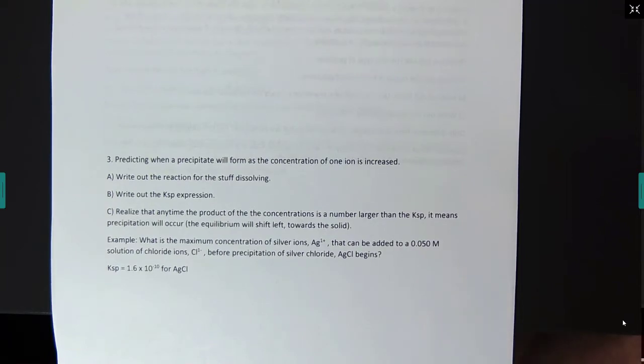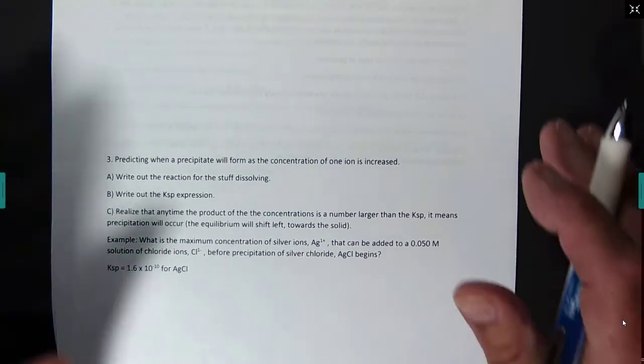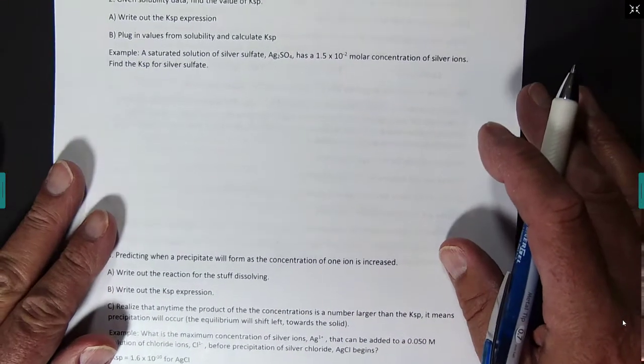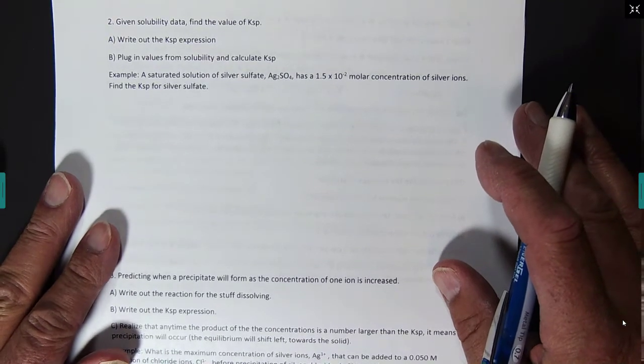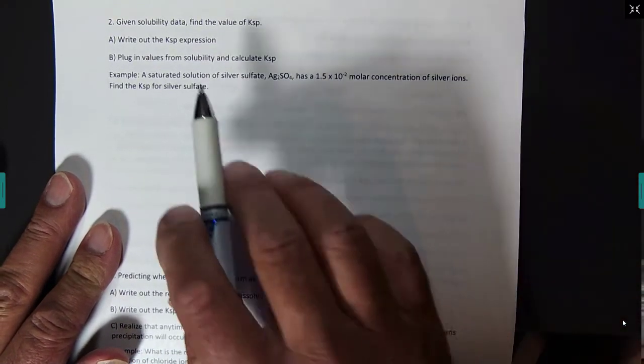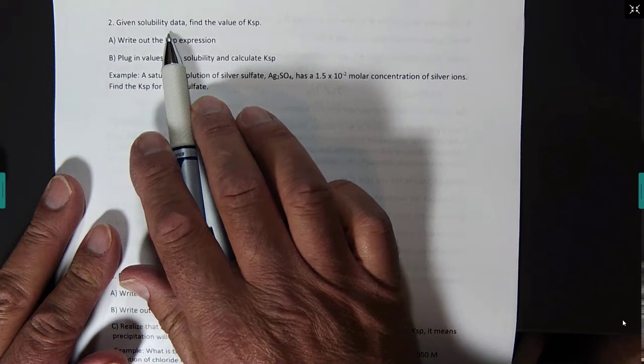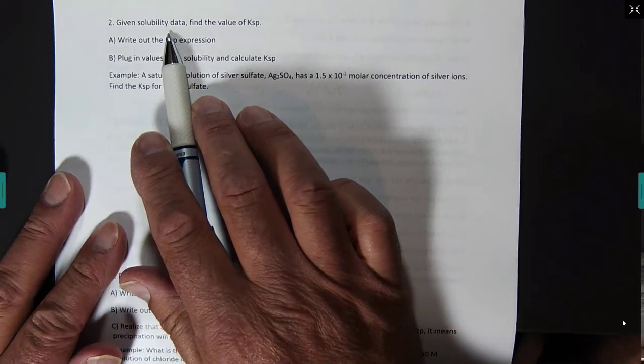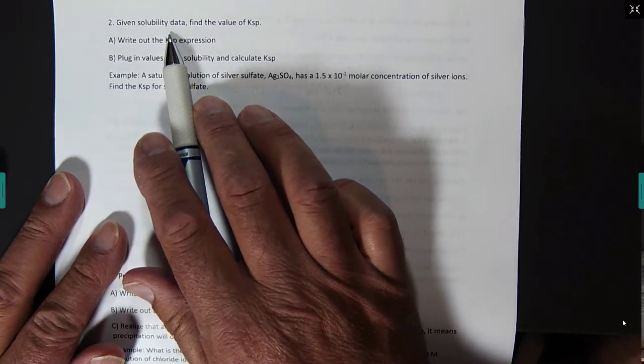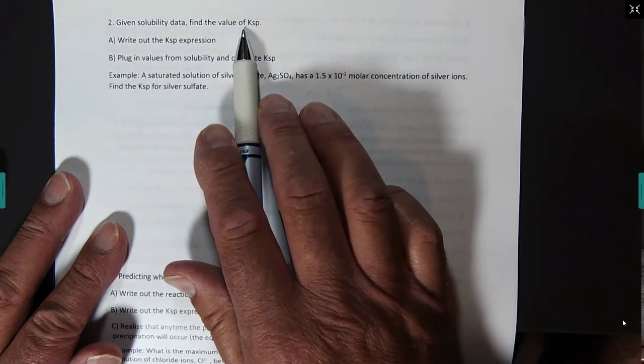Second type of problem you're going to encounter, another real common type of problem. You have some kind of solubility data. They tell you the molar concentration in a saturated solution. Find the Ksp.